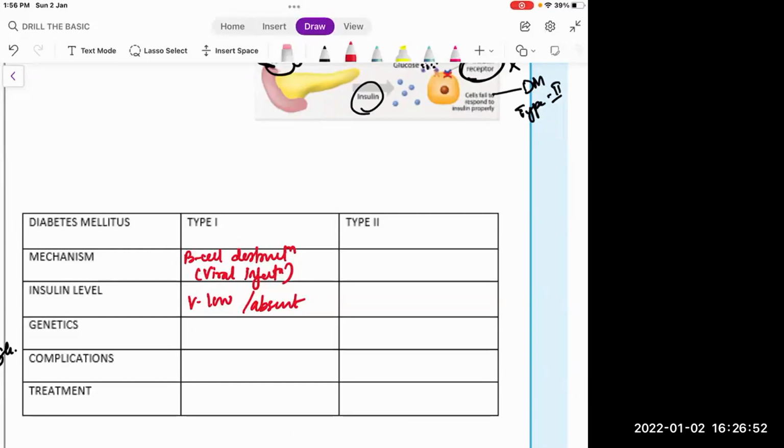But in type 2, the receptors are resistant to insulin. It means that there is a normal level of insulin in the circulation, but the receptor is resistant, so insulin is not able to reduce the blood glucose level by moving the glucose into the cells.